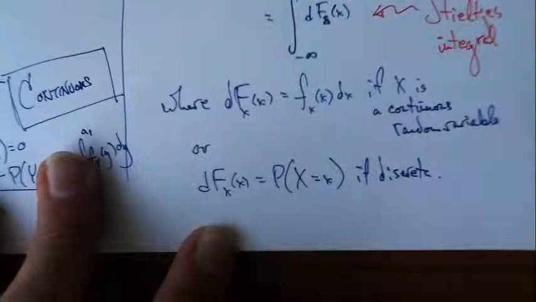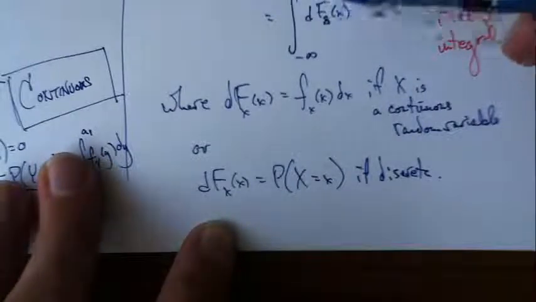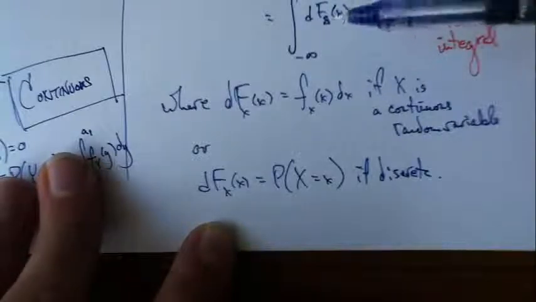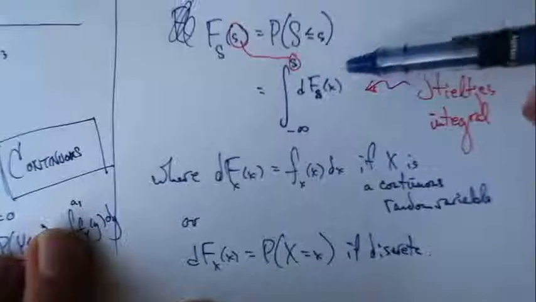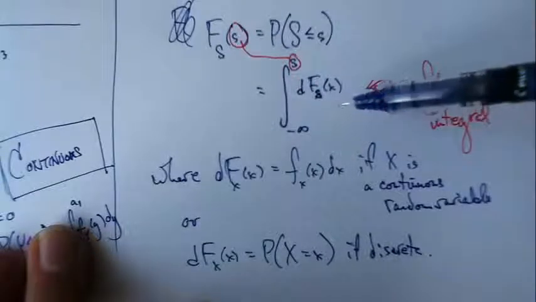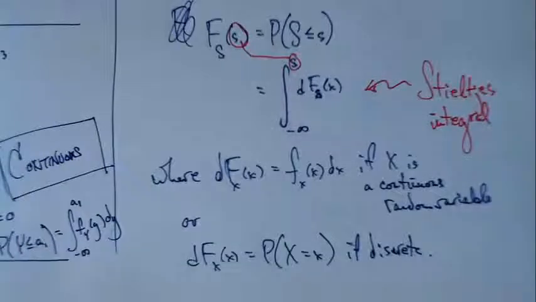So in fact, you can actually write CDFs, and you can write out probabilities for discrete random variables as integrals. You don't need summation symbols. In this sense, you can express summations using integrals.